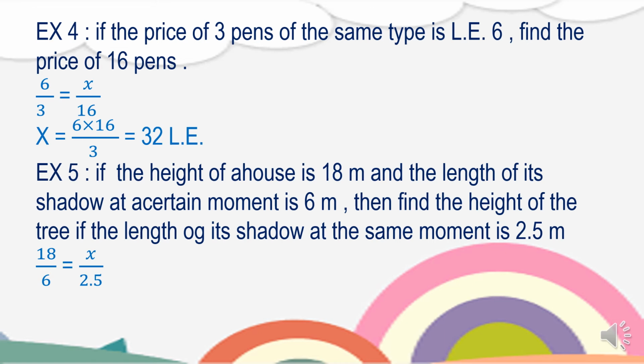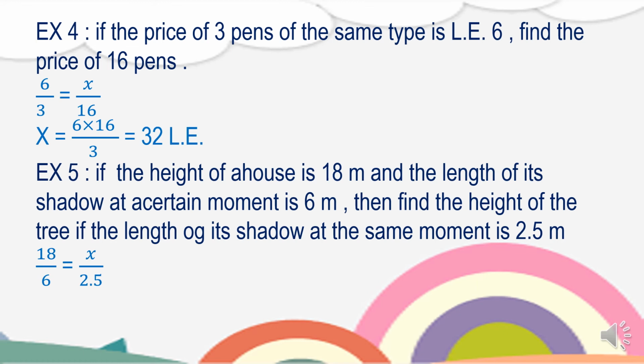Because I put the real height in the first, when I put the real up, I put the real in the second side up. When I put the shadow down, I put the shadow down in the next side.